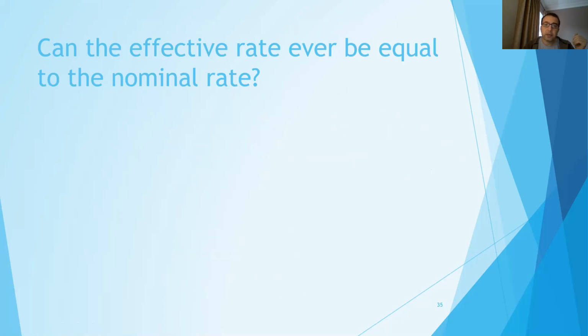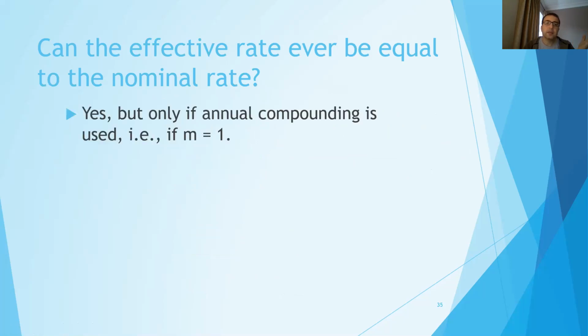Can the effective rates be equal to nominal rates? Yes, of course. If it is 1 year only, then the period M, I mean how many times you are investing in a 1 year time, if it is 1, then it's the same.